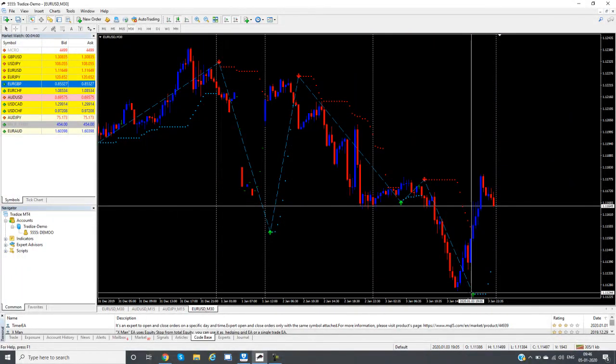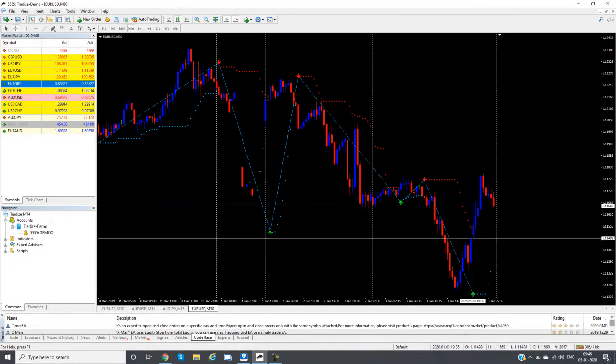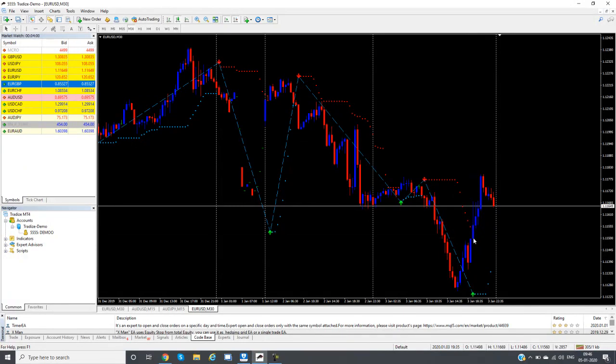Though the arrow is at this particular price, you could have entered the market only at the close of that candle, which is at this candle. So once the arrow is formed here, it forms at the close of the second candle. So that is the realistic entry that you could get into the market.